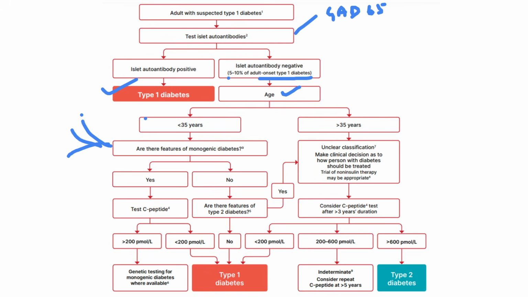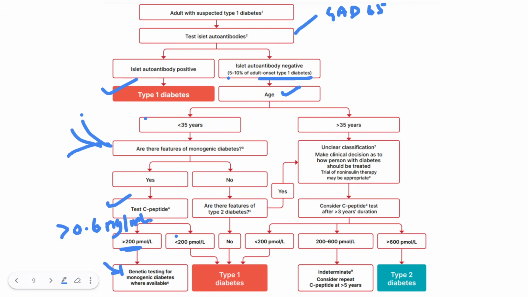These will also favor monogenic diabetes. If any of these features are present, then we can test for C-peptide. If C-peptide is more than 200 picomole per liter, which is more than 0.6 nanogram per ml, we proceed with genetic testing for monogenic diabetes.